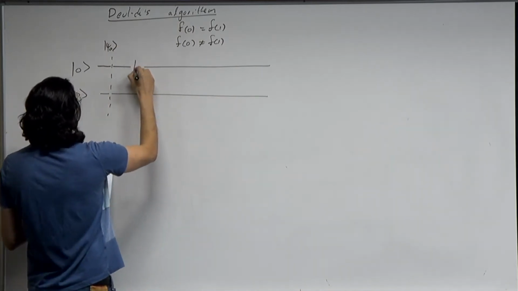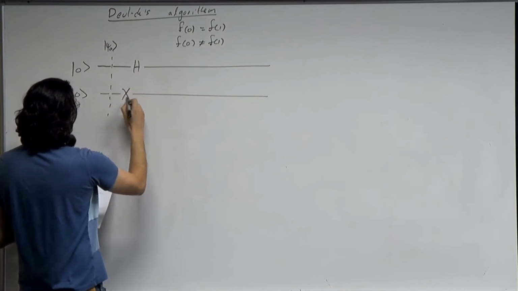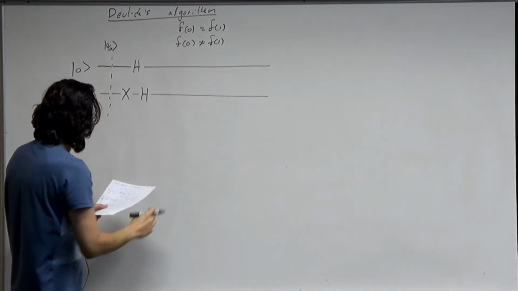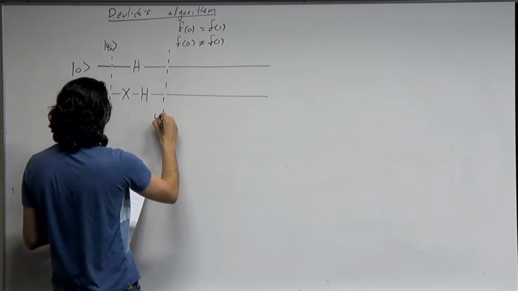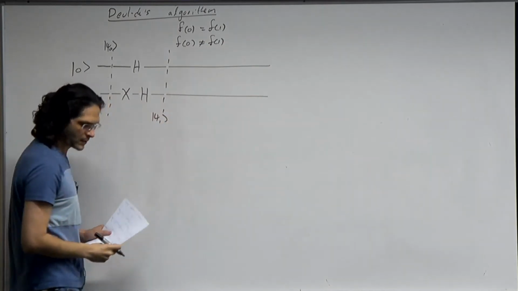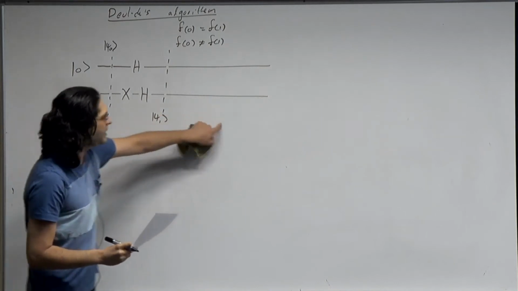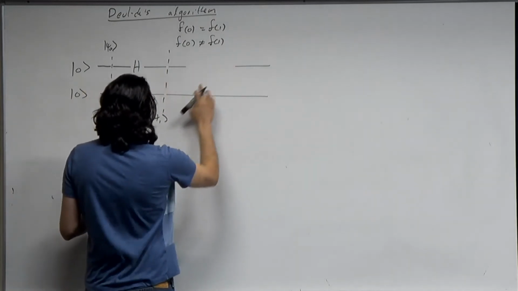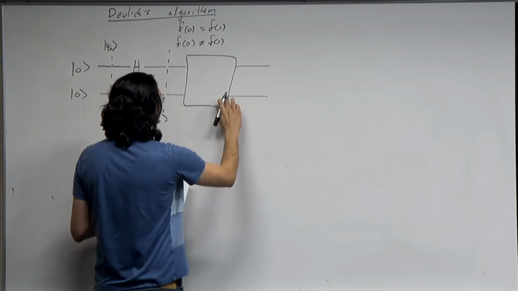Then we apply a Hadamard on qubit number 1, and we apply a NOT operation and then a Hadamard on the second qubit. And then we're going to be in psi 1. So I'm writing the circuit, and then we're going to calculate at each step what the wave function of the system is.